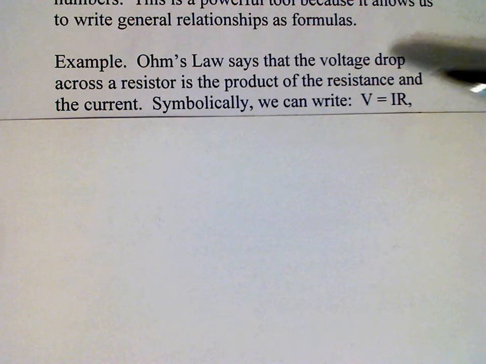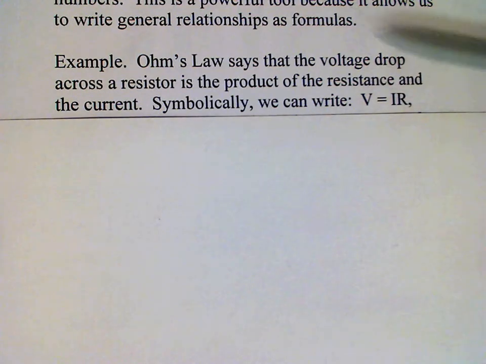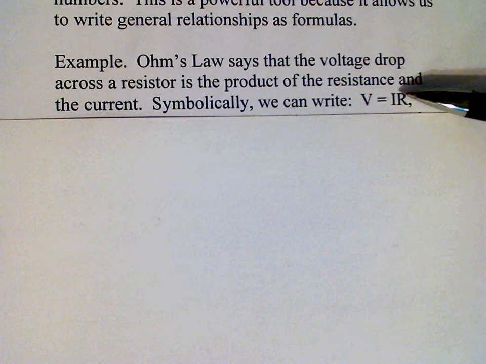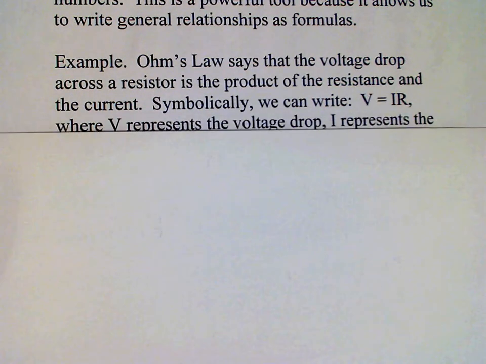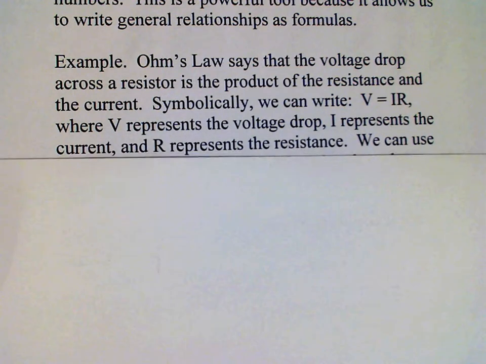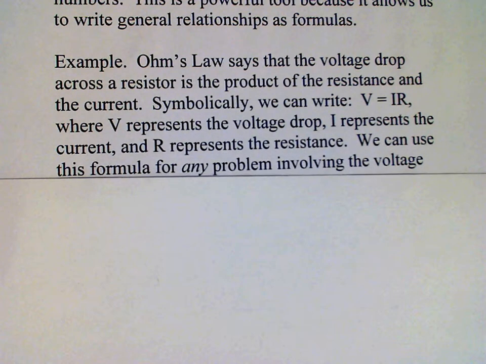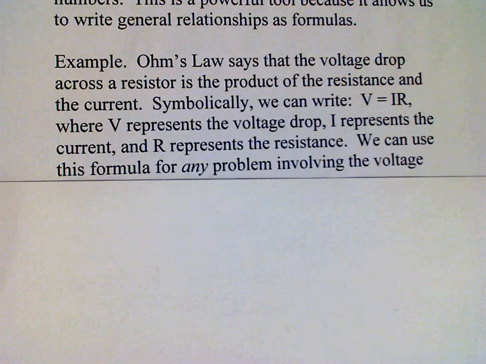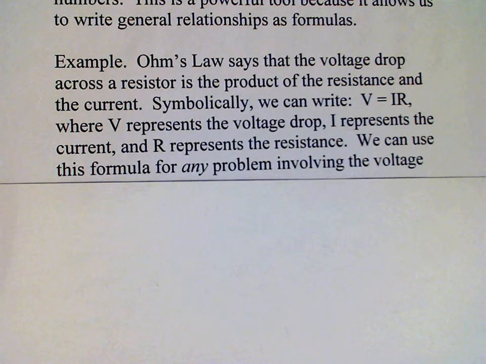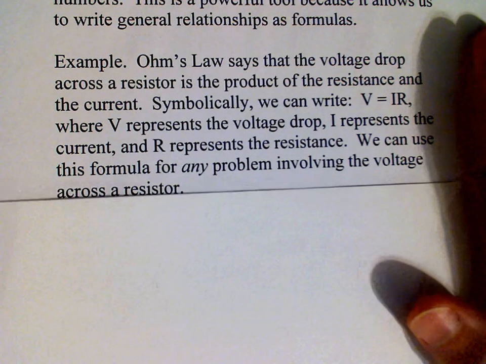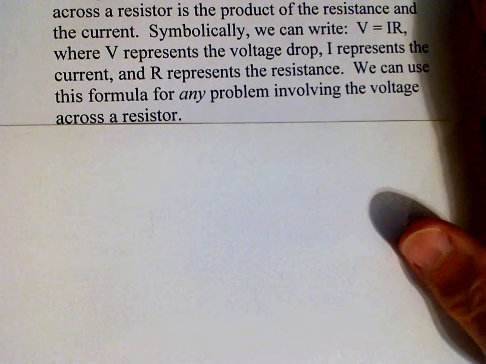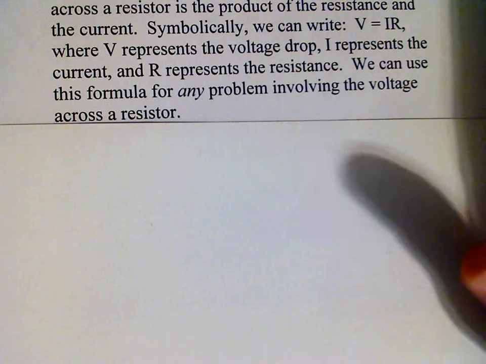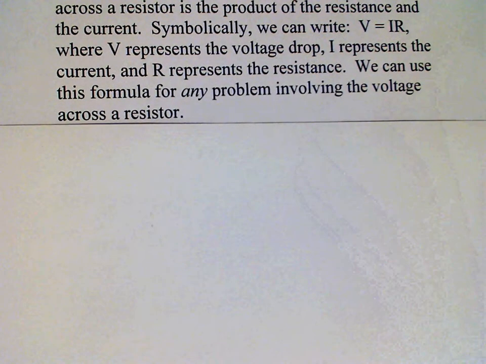And in this formula, V represents the voltage, R represents the resistance, and I represents the current. And what is helpful here is that this formula can be used for any problem involving the voltage across a resistor. We only have one formula that we need for that particular kind of problem.